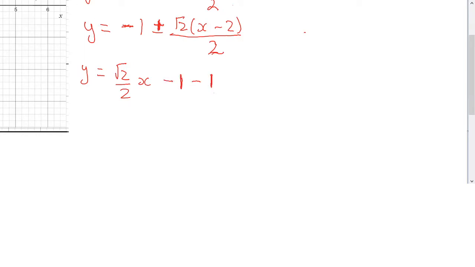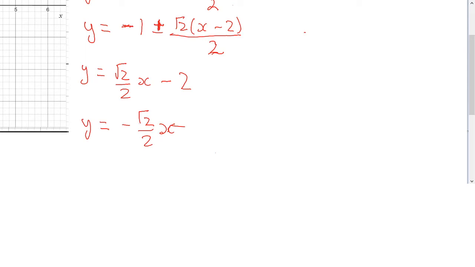So if we think about that, we could just get rid of that and draw in. For the negative bit, we'd have negative root 2 on 2x.